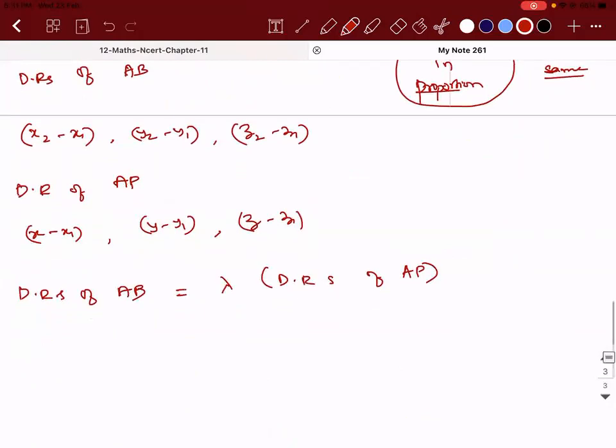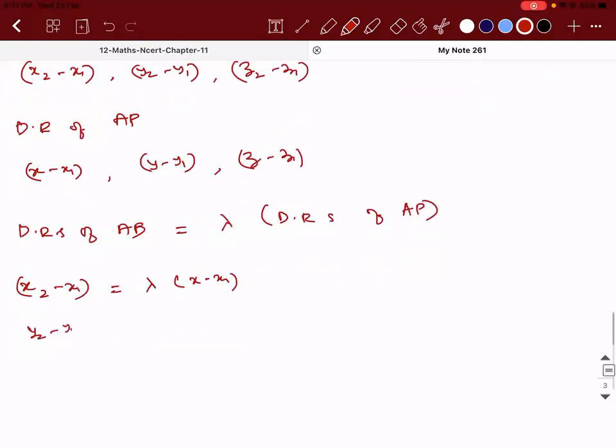Then x2 minus x1 is equal to lambda times x minus x1. Similarly, y2 minus y1 is equal to lambda times y minus y1, and z2 minus z1 is equal to lambda times z minus z1.